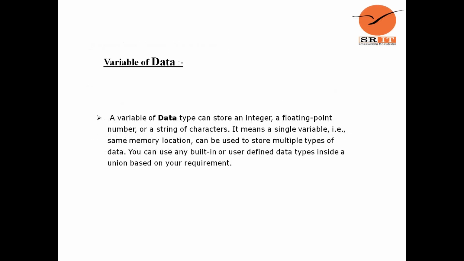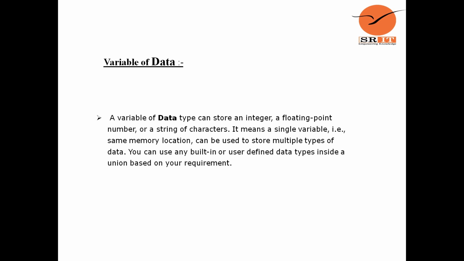A variable of this data type can store an integer, a floating point, a character, or a string. It means a single variable with the same memory allocation can be used to store multiple types of data. Integer allots 2 bytes, float allots 4 bytes, string allots some bytes, and character allots 1 byte.